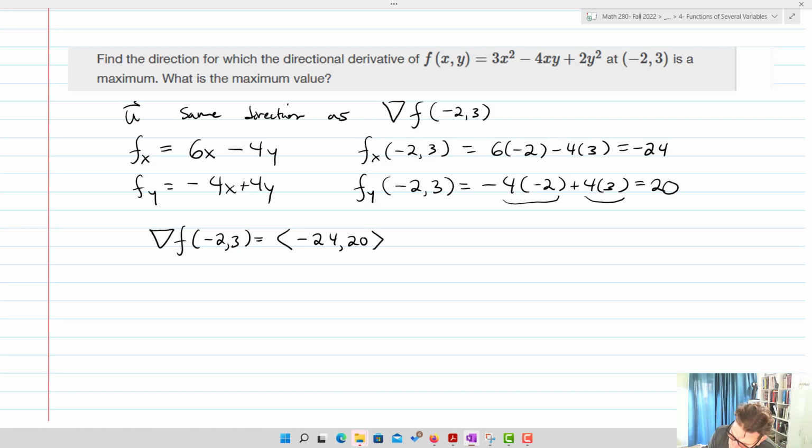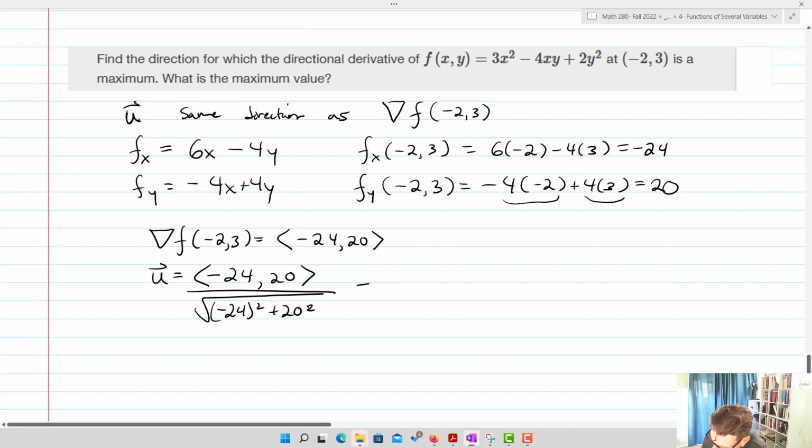Now we want u to be in the same direction as the gradient of f at negative 2, 3, so I'm just going to turn it into a unit vector. u is going to equal negative 24, 20, divided through by the square root of negative 24 squared plus 20 squared.